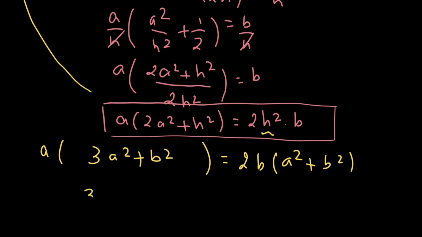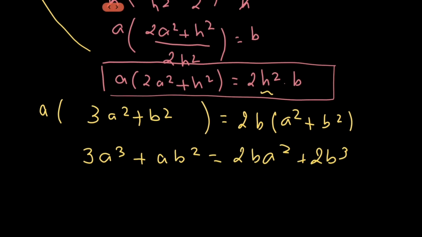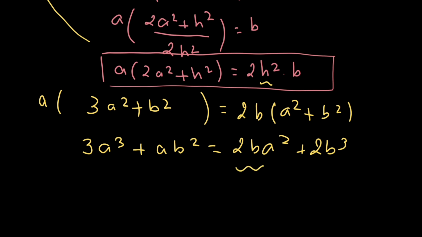So on the left hand side, I will have 3a cube plus ab square, and this thing is equal to 2ba square plus 2b cube. Okay. Now I will simply shift these two terms from the right hand side to the left hand side. So they will turn out to be negative, and this equation would be equal to 0. Okay. Now I will do some kind of modifications. 3a cube, I will write it as it is.